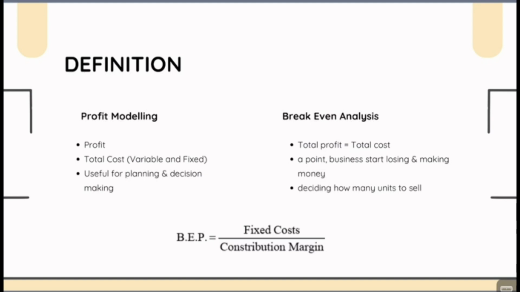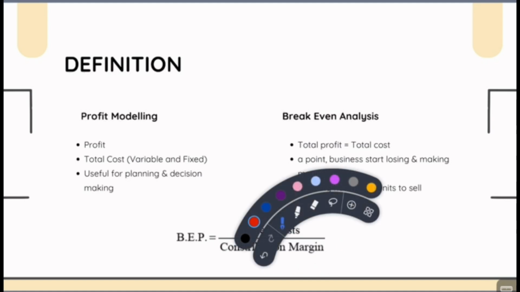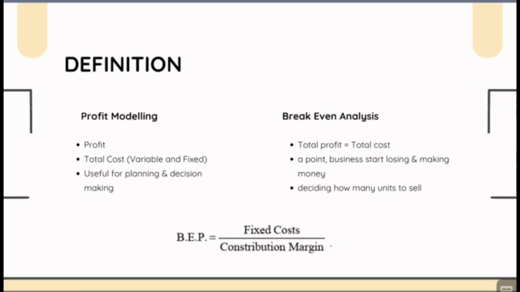So, how can we calculate the break-even point? It has its own formula, which is the fixed cost divided by the contribution margin. And the contribution margin is the selling price per unit minus the variable cost per unit.